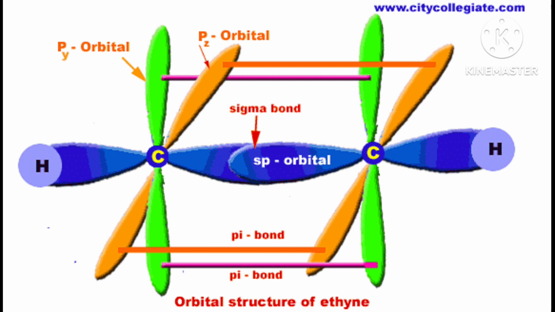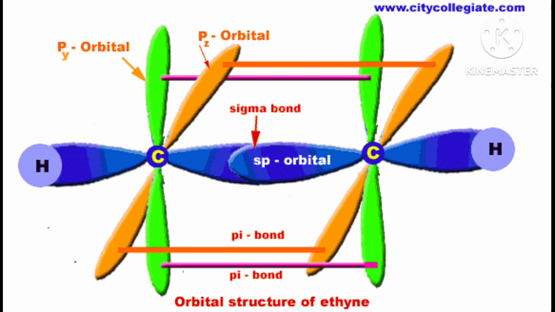This means the triple bond is stronger than the double bond, which is stronger than the single bond. So the alkyne with a triple bond is stronger than ethene, and ethene is stronger than the alkane with a carbon-carbon single bond.